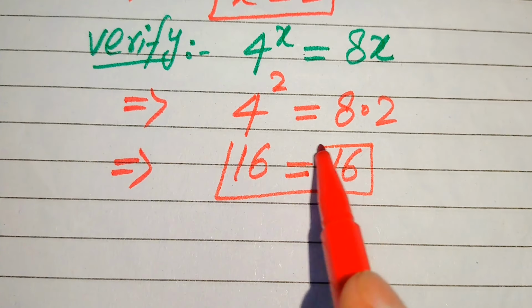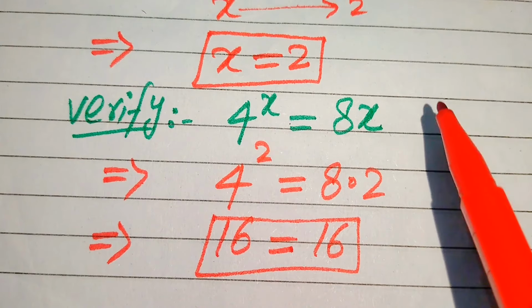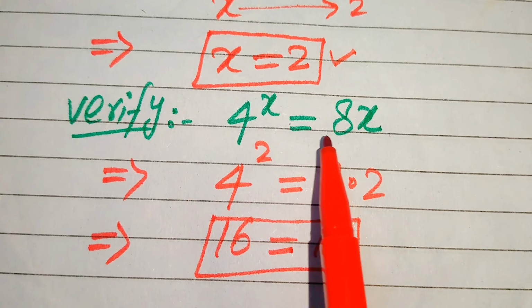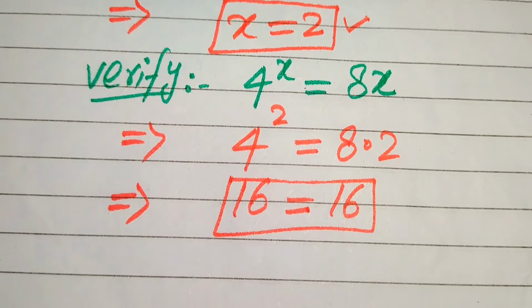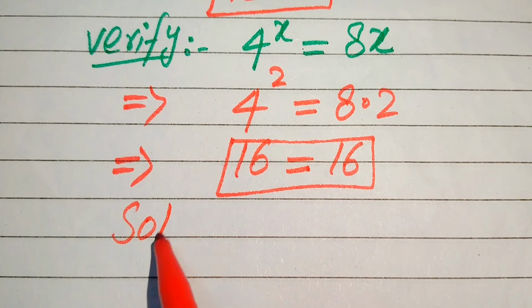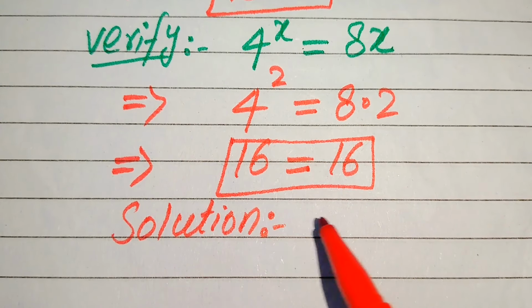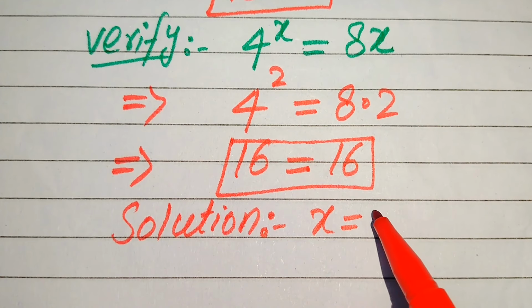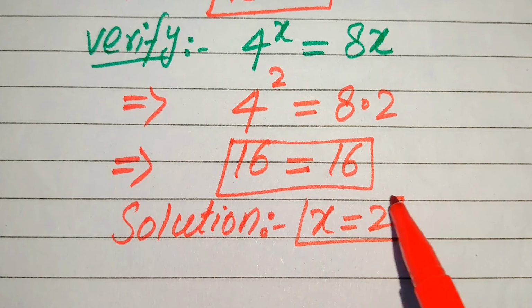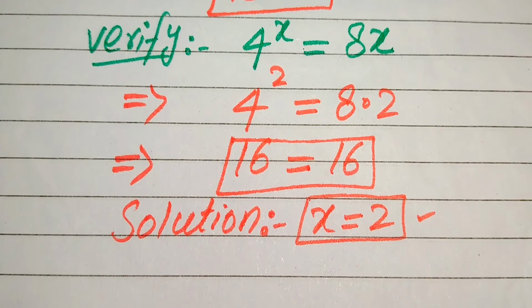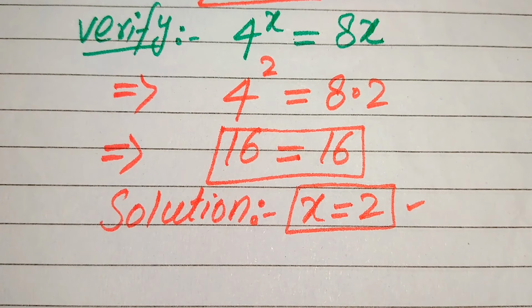So this shows that x is equal to 2 satisfies our given question statement. So the solution of the given equation is only one value of x, that is x is equal to 2. This is our final answer, and in this question we cannot have any other solution.